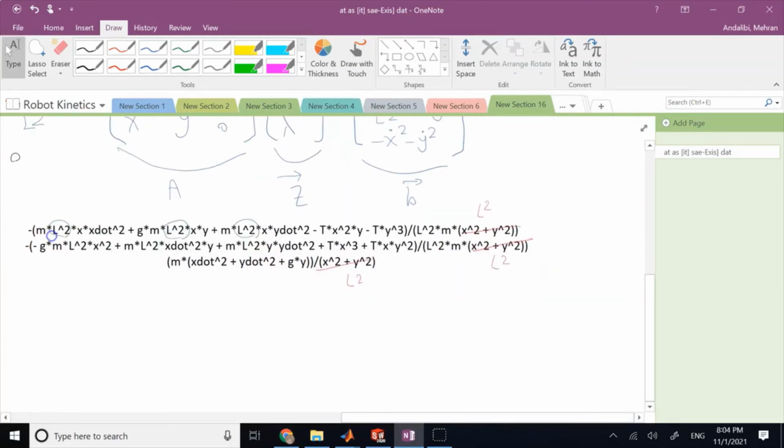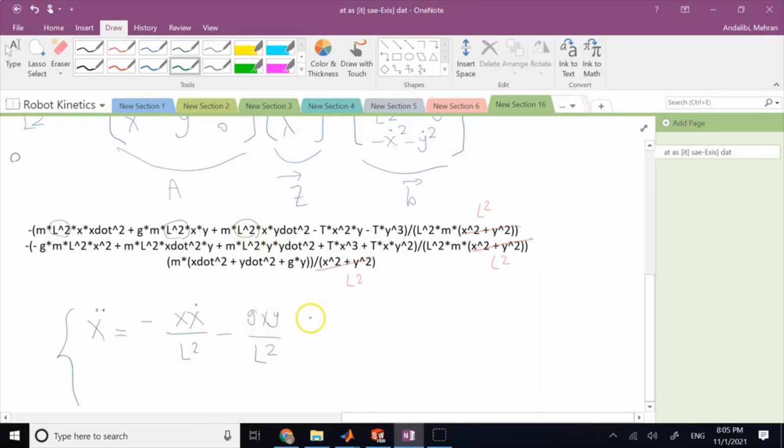Okay, so if I want to write the final answers, your x double dot is going to be like negative m x dot, correct, which you can see here. And then the m would also cancel, so you don't need this term. And then over L squared. The next term is going to be negative g x y over L squared.